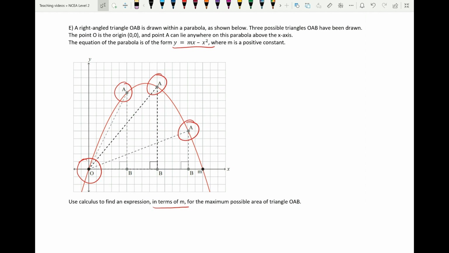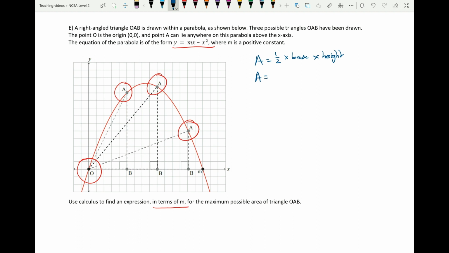So the first thing we need to do is write an expression for the area, because we don't have one of those yet. We need an equation so we can work out what the area of the triangle would be. So the area of a triangle is half base times height.